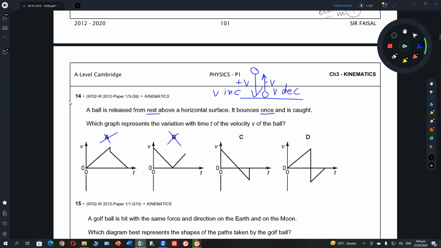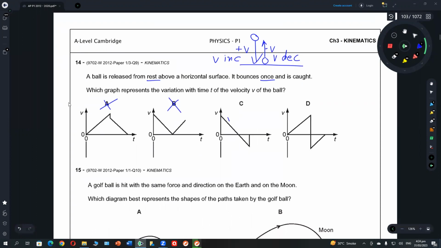When something is coming down, its velocity will increase. Yes. And when something is going up, it will decrease. Now you see, what about C? This part means velocity decreases and then velocity increases. Here, velocity increases and then velocity decreases.